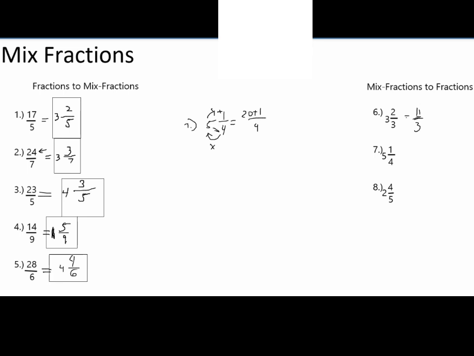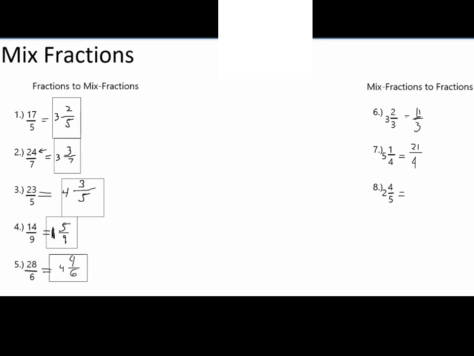So there you have it. Just consider 5 times 4 muna, and then add natin sa 1. Now we have 20 plus 1 is 21 over 4. And then there you have it. That's the mixed fraction to fraction.